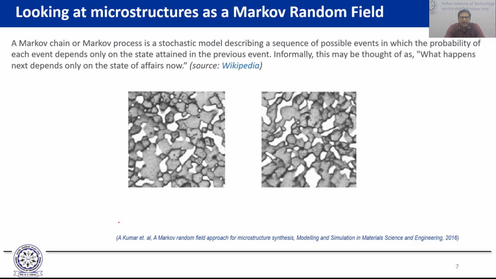Now, capturing these patterns in a very compact and at the same time accurate manner is quite critical in order to do further microstructural informatics and to do some form of property design. And Markov chain is essentially going to provide us with a statistical framework to do this.